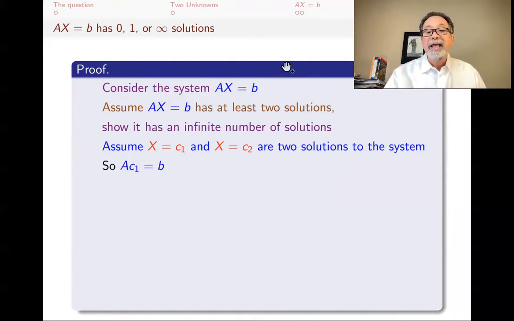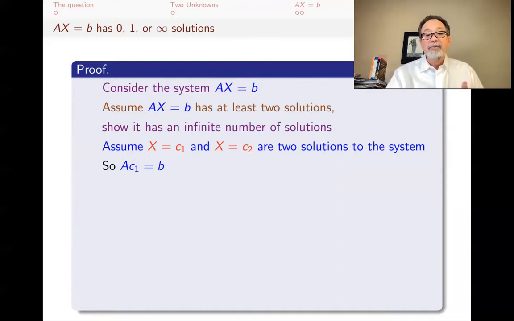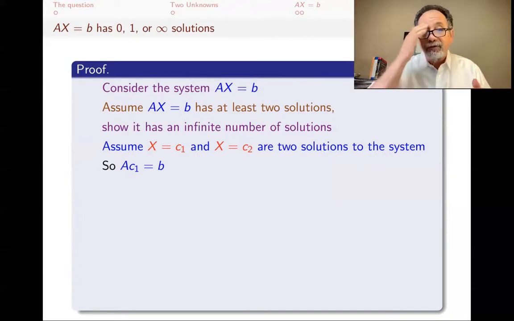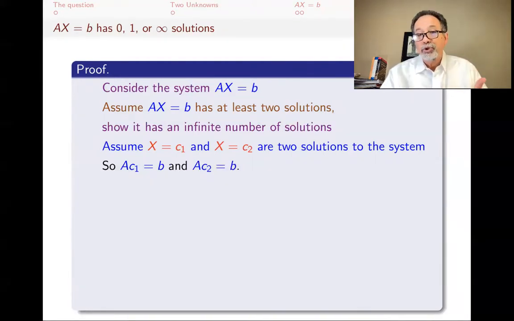So if you plug in C1 for X, that means A times C1 equals B. A times C1: C1 is a bunch of numbers, A is a matrix, and B is a bunch of numbers. To say that X equals C1 is a solution to AX equals B means that A times C1 equals B. And likewise, A times C2 equals B, because C2 is also a solution.